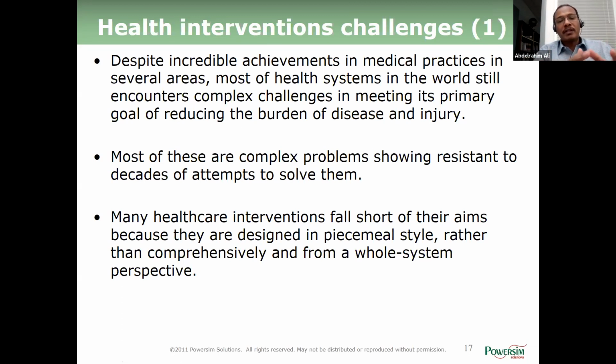And many healthcare interventions fall short of achieving the goals because of this piecemeal design, focusing on a narrow area and trying to get results by touching the system in only one part of it, rather than having a comprehensive whole-system perspective.